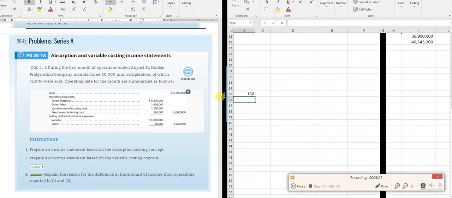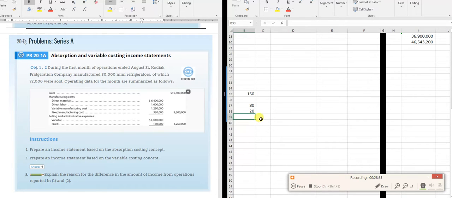And so I have $1.50. Now I'm going to do the 6,400,000, and these are manufacturing costs, so I need to divide those by the 80,000 manufactured. I want you to put 80 next to this one. Then I'm going to have the 1/6 divided by my 80,000. Again, these are all manufacturing costs. So I have 20.